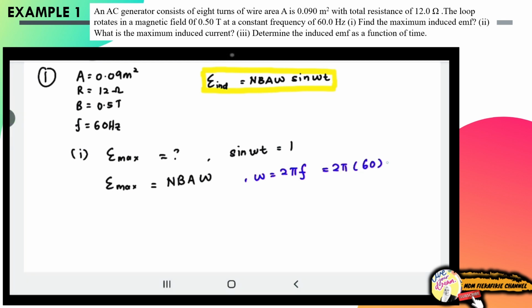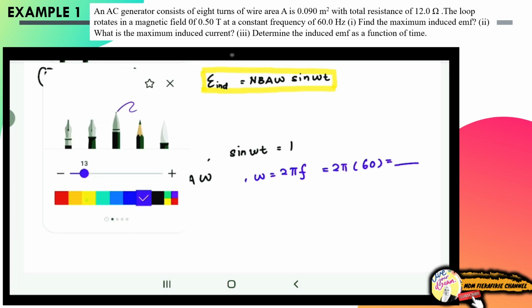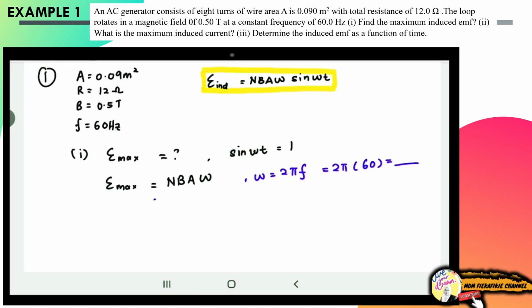F is 60 and omega is equal to, you can calculate separately, or you can just substitute in this equation where the number of turns is given 8, B is 0.5, A is 0.09, and omega is 2 pi f.